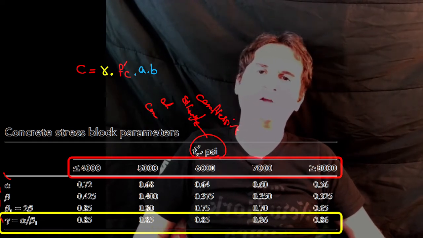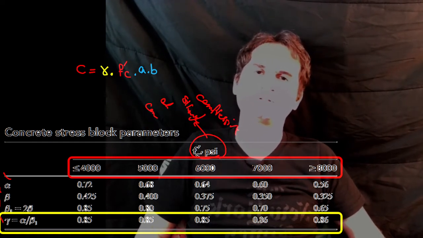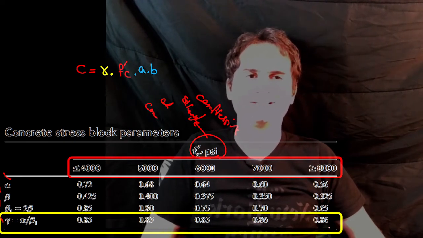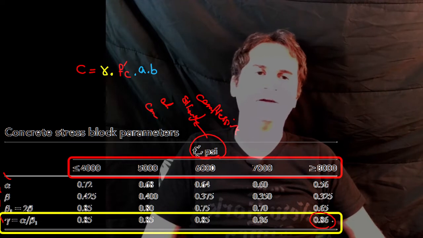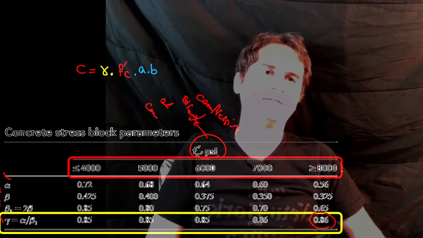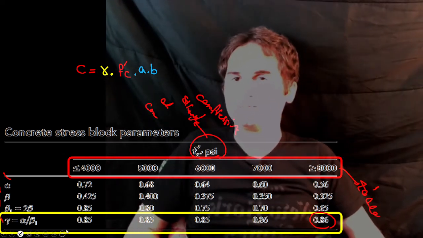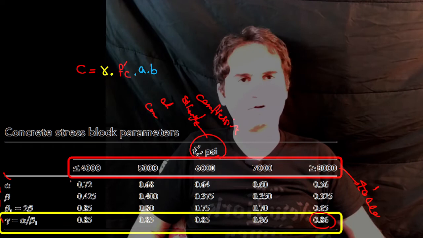And likewise for 5,000, 6,000, 7,000, and bigger than 8,000. You can see easily that gamma is not varying from 0.85, even from 8,000 and beyond, so even for very strong concretes.